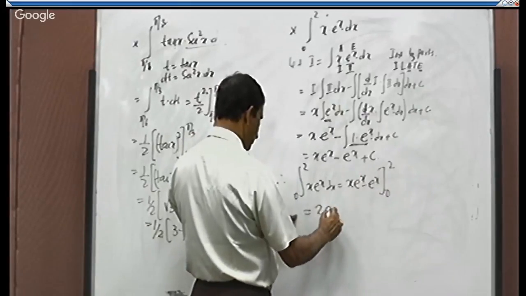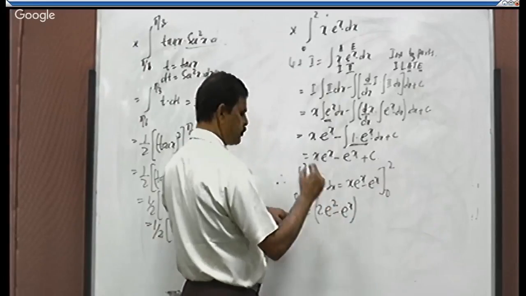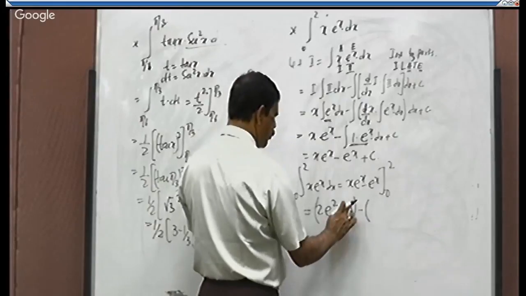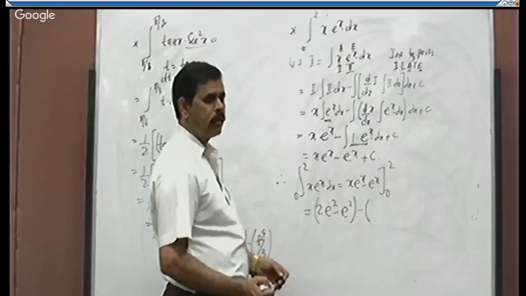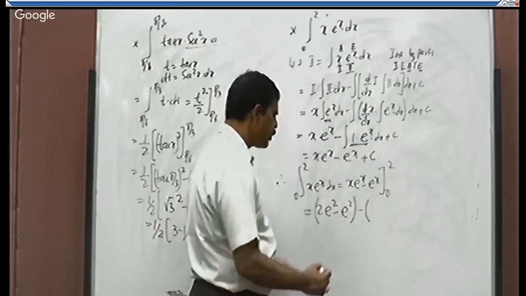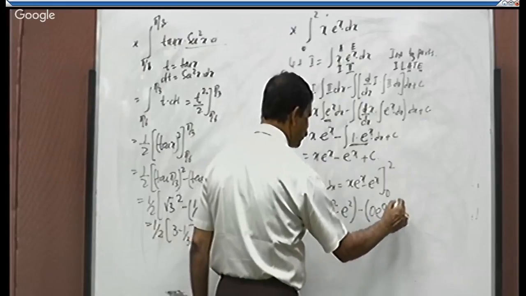2 into e to the power of 2 minus e to the power of 2. Correct? Minus, what is x? 2. Minus lower limit. What is lower limit? Lower limit is 0. 0 into e power 0 minus e power 0.